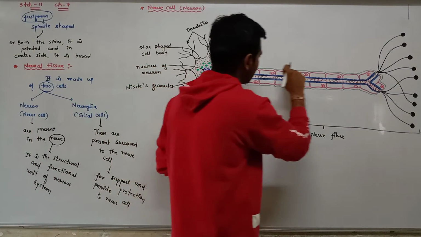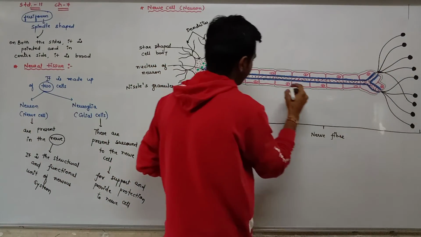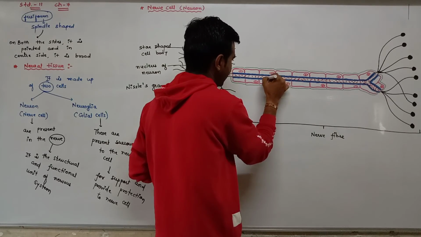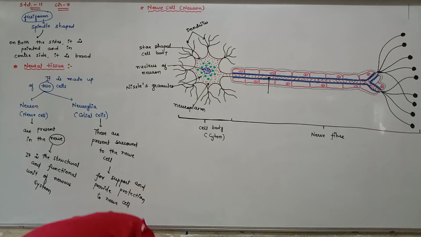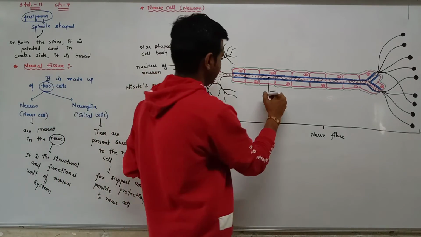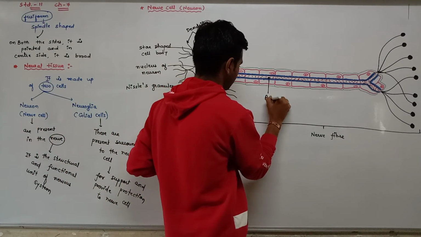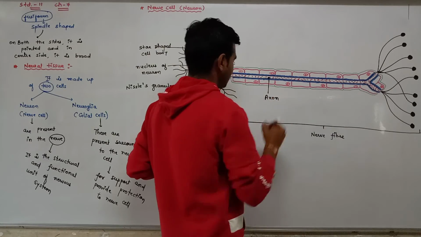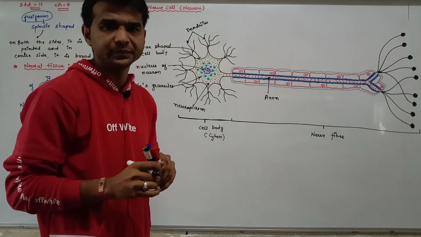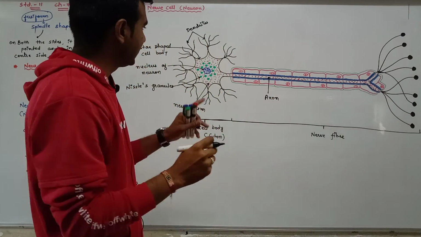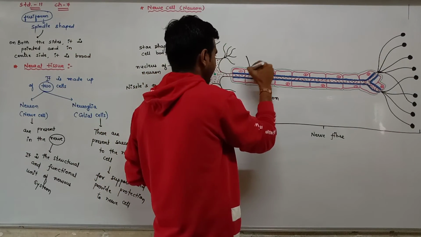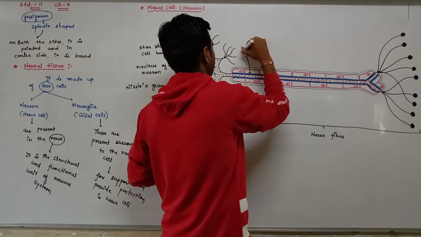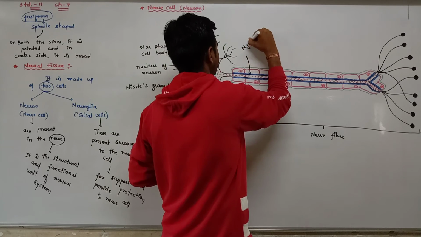Now, the long filament-like structure is known as axon fiber. It is known as axon. The axon is surrounded by a blue colored layer known as myelin sheath.